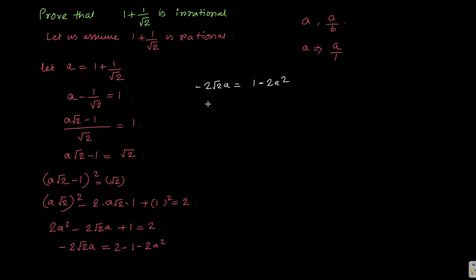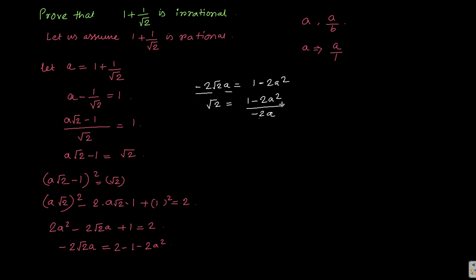It means that root 2 is equal to 1 minus 2a square by minus 2a.